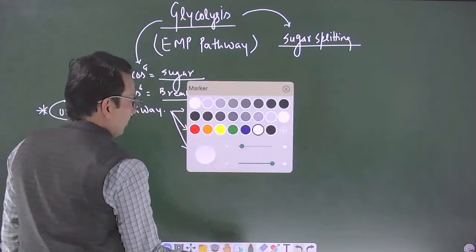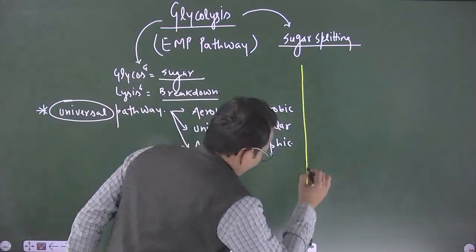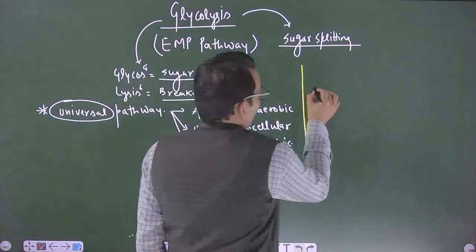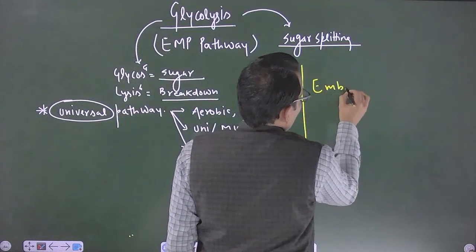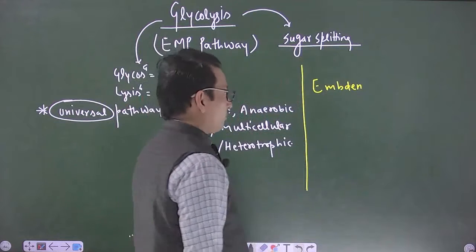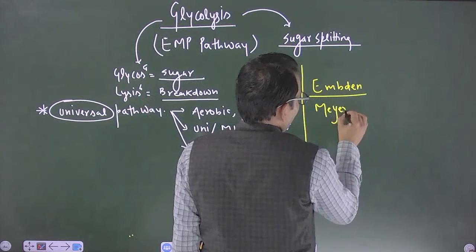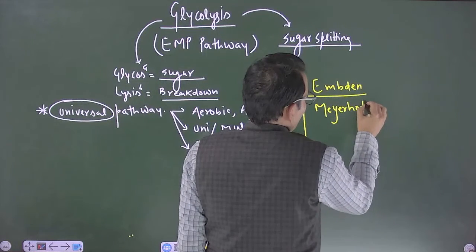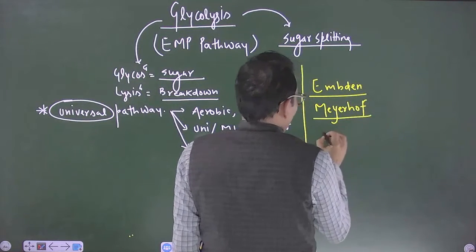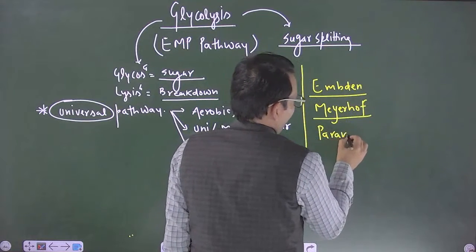If we are talking about the discovery, this was discovered by a group of scientists: Embden, as per NCERT, Gustav Embden; second is Meyerhoff; and the third is Jacob Parnas, so it is Parnas.